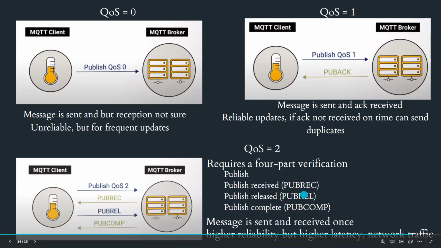So anyway, QoS level number 2 tries to process the received data only once, which reduces the processing time and therefore the processing delay. However, there could be some added latency due to the additional acknowledgement messages we are sending throughout this verification process, which consists of 4 messages, basically.